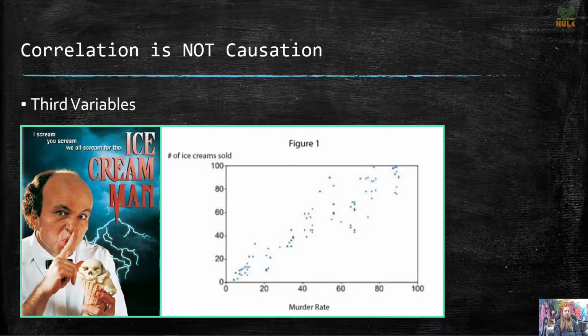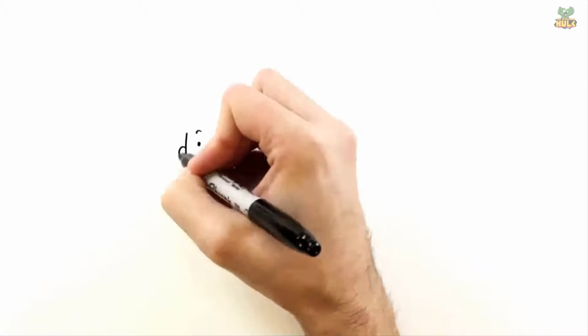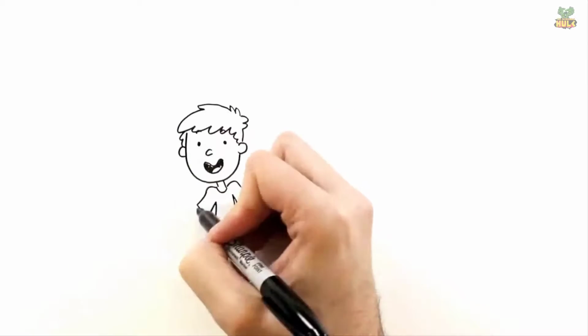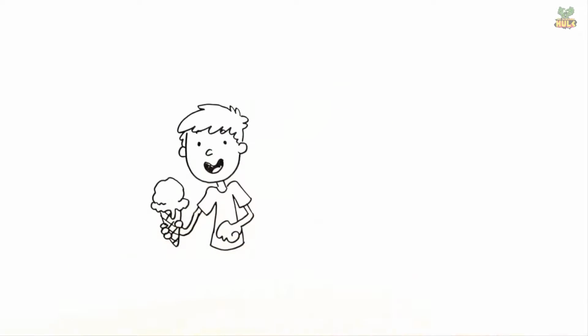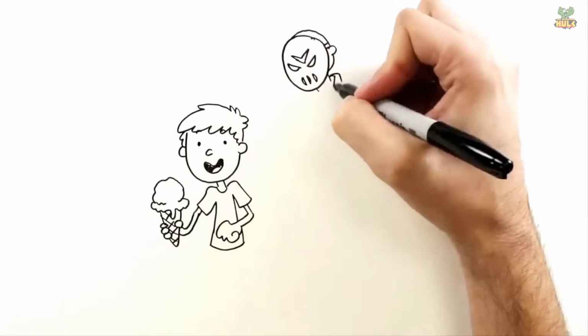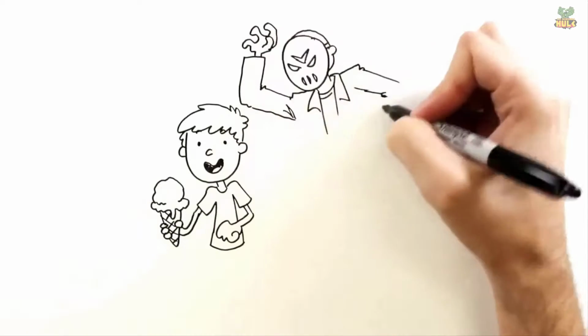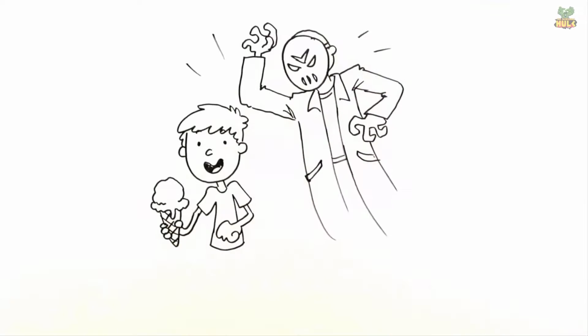I don't know, guys. I'm freaked out. If you look at the stats alone, eating ice cream and murders in New York are positively correlated. This means that the more ice cream sold per person, the number of murders increases. Vanilla bean never seemed so scary, right?